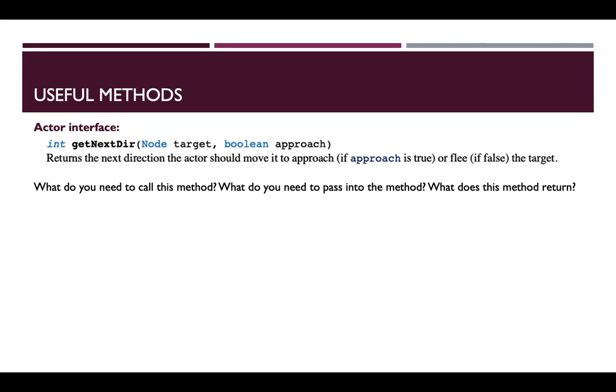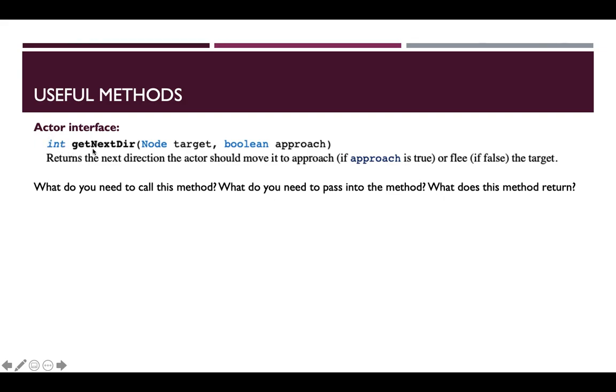So that's why you want to call this method on your attacker object. Now, what do you need to pass into this method? You need to pass in a node and a boolean. What is a node? A node is, if you remember, a location. And then what does this method return? This method returns an integer.